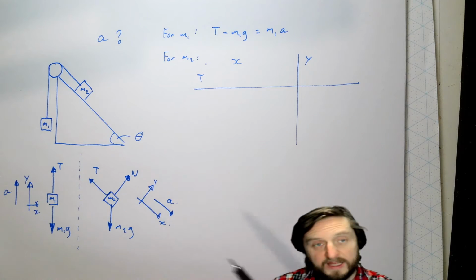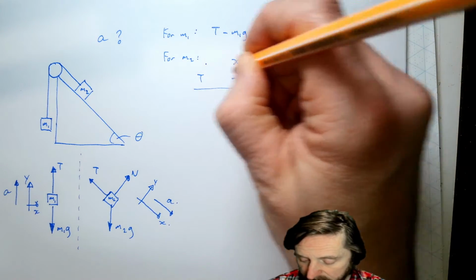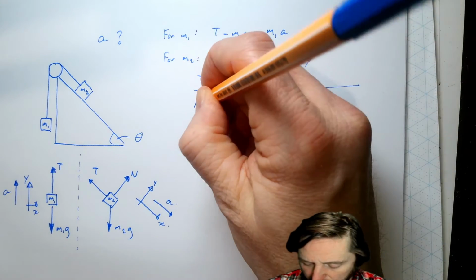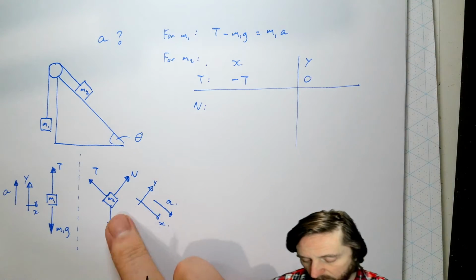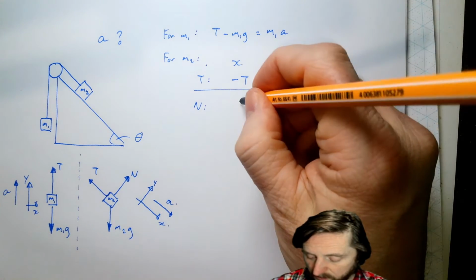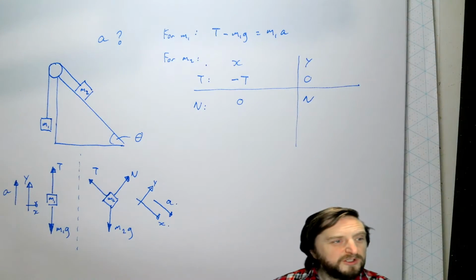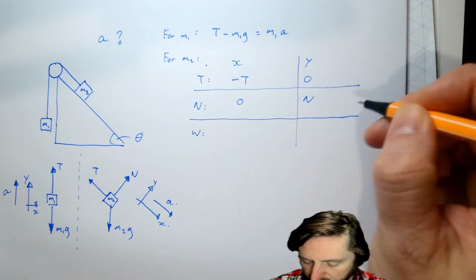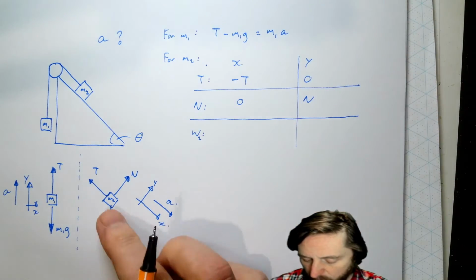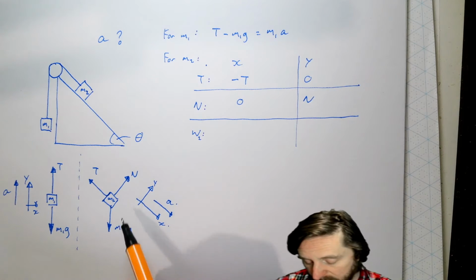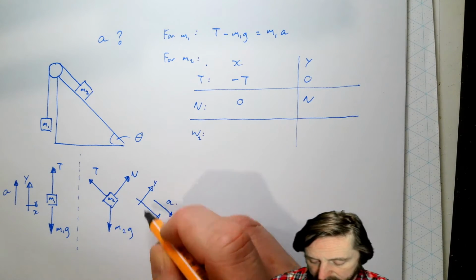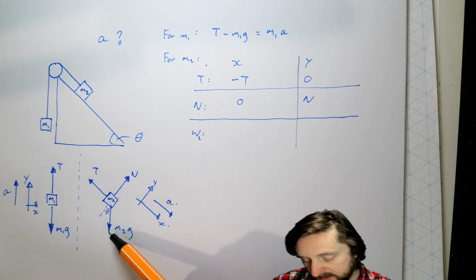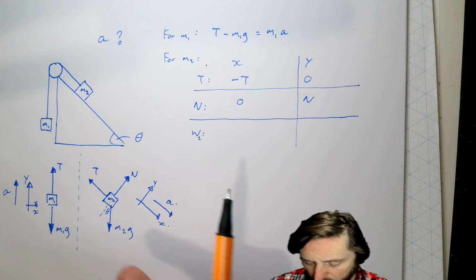It points in the negative x direction, so we're going to have negative T and 0 for our components of T. For the normal force, this points entirely in the positive y direction, so we're going to have no x component and just a y component. And then finally the weight, W2. This one is going to have two components. It's going to have an x component, and theta is also this angle here. So in this case, it's the sine component which is x.